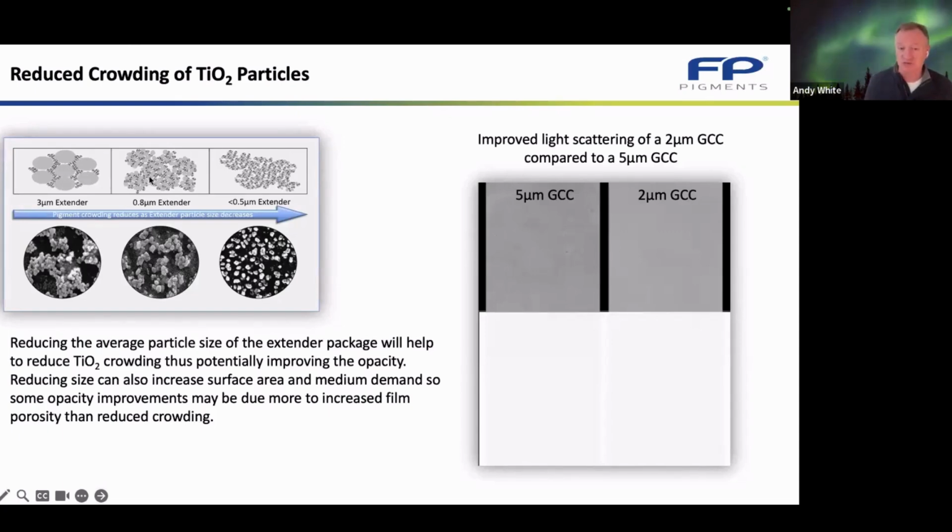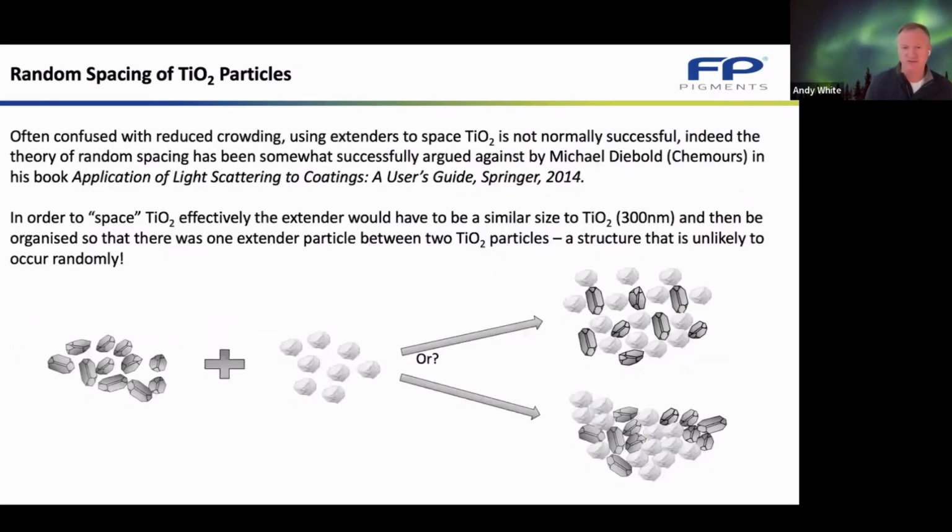So by using a smaller filler, you allow the TiO2 to be better distributed in the paint. Using a smaller filler will actually increase your cost and tends to increase your viscosity. So it's all a compromise for the formula, but some of these filler products are pretty darn good. And you can often achieve really good paint improvements by choosing the right filler or blend of fillers.